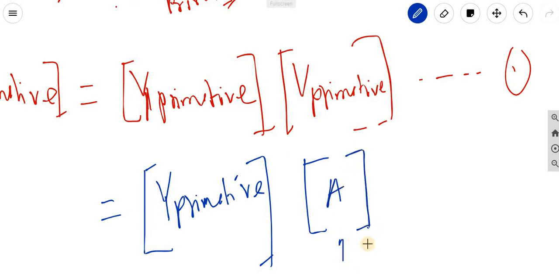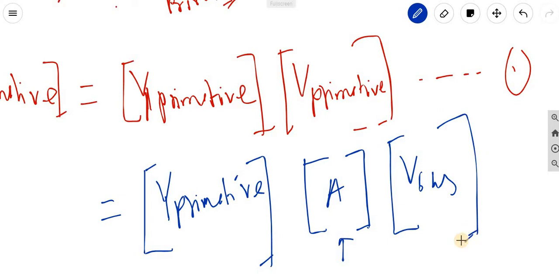This is the incidence matrix of a particular network, okay, and this is the bus.